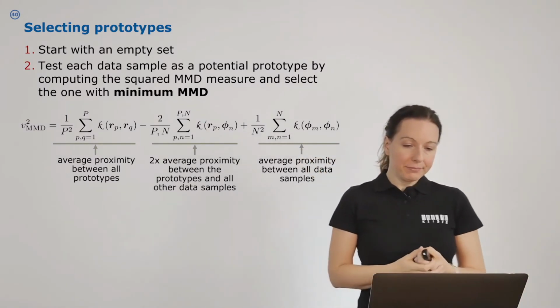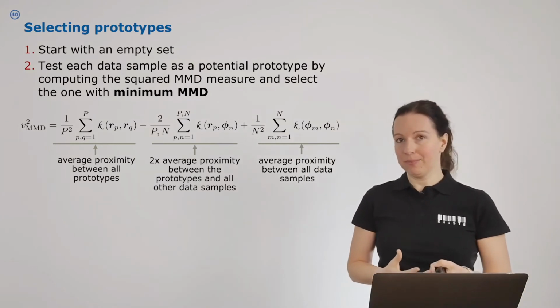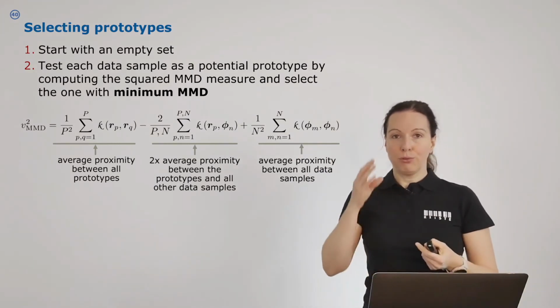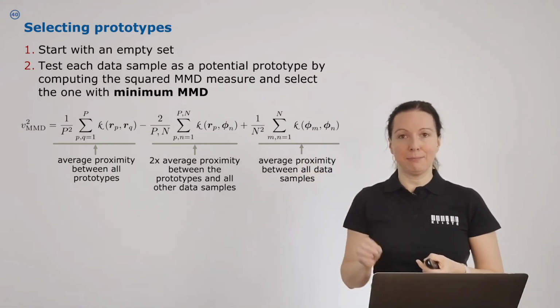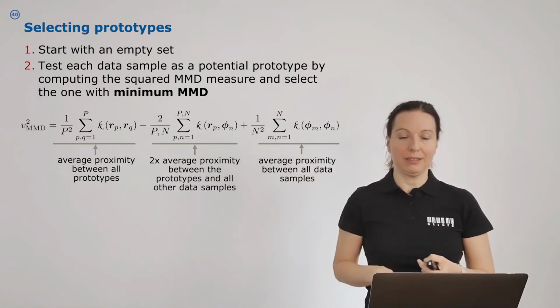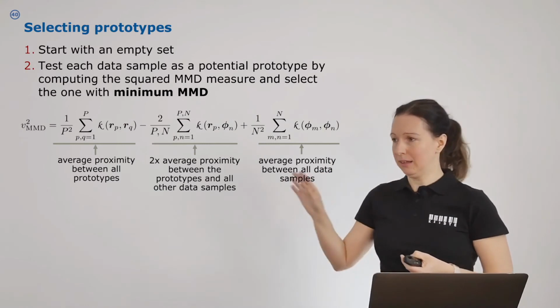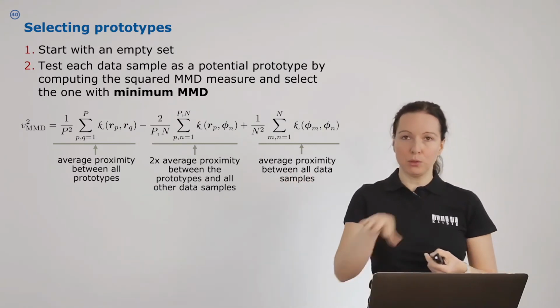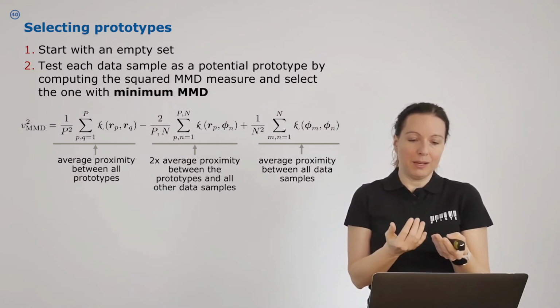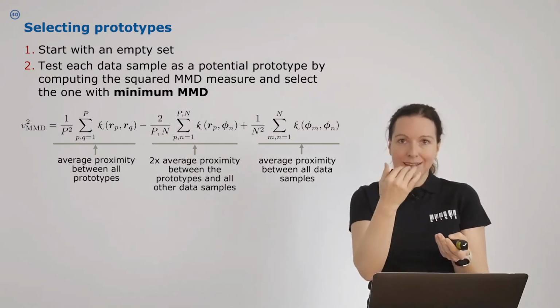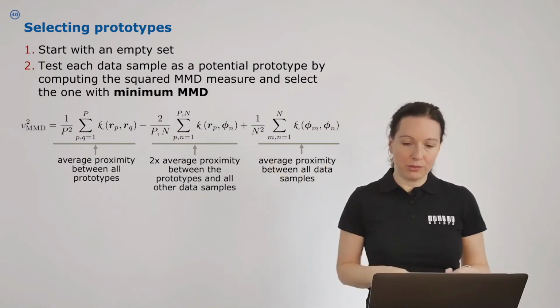And if the middle term adds up to the first term plus the third term, then the prototypes explain the data perfectly. That's why it's 2 times, because then the middle term exactly adds up to the first and the third one.